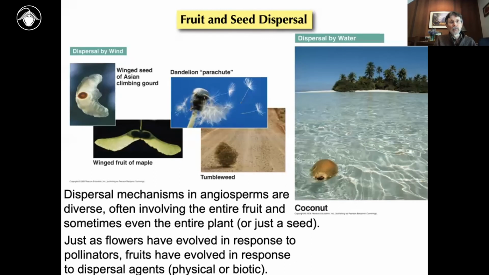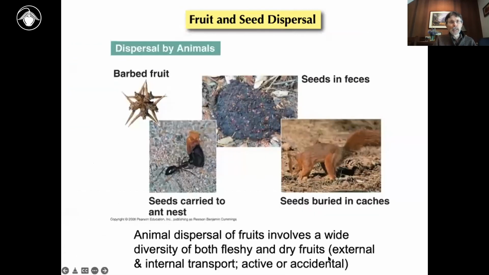There's a lot of nutritive tissue inside there for the embryo. And there are also water dispersed species where the seeds are the buoyant unit of dispersal rather than the fruit.